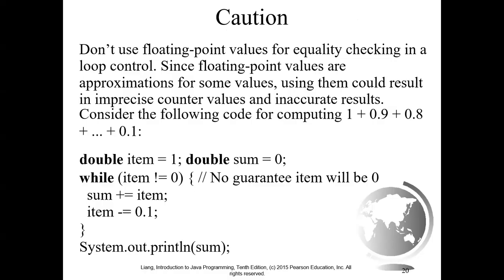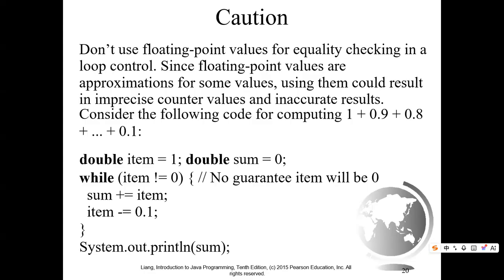And here is a warning: do not use floating point values for equality checking in a loop control. Since floating point values are approximations for some values, using them could result in imprecise counter values and inaccurate results.